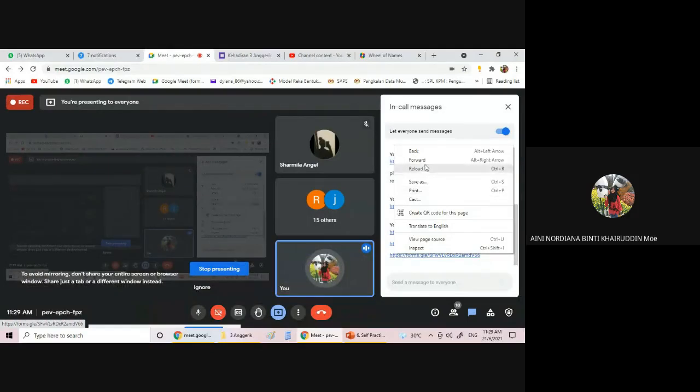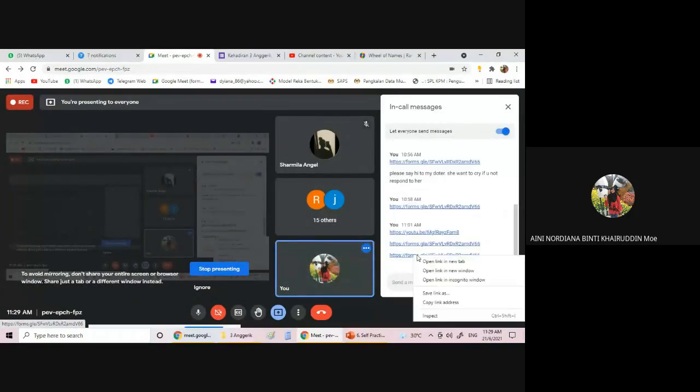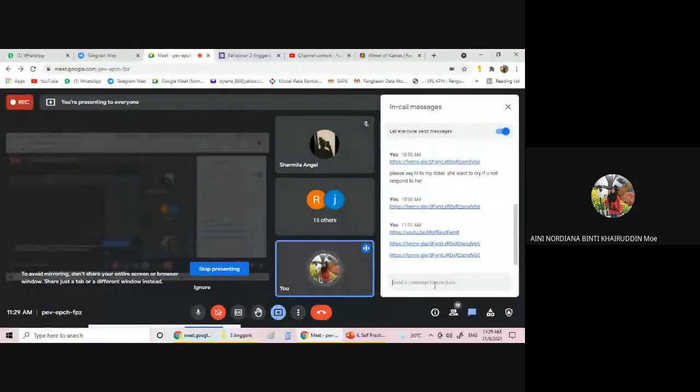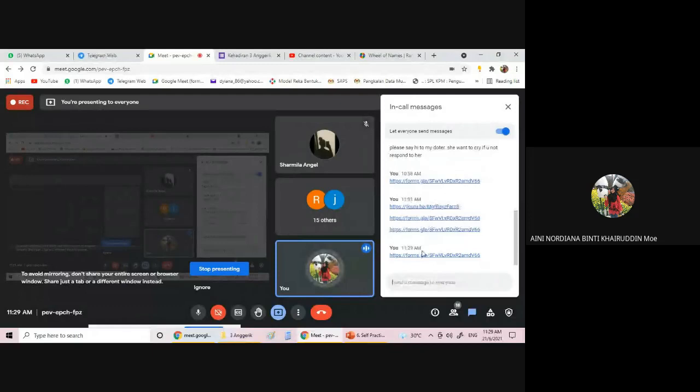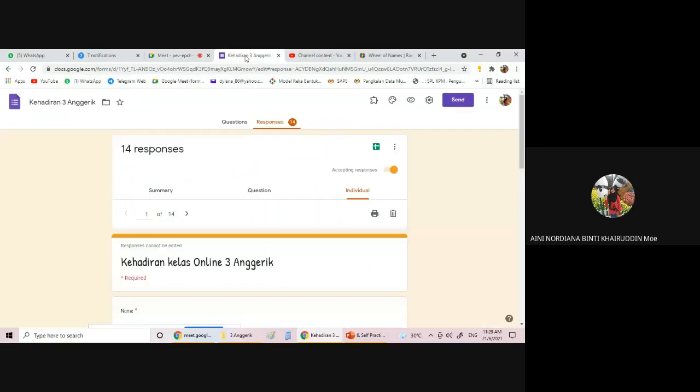Yang mana baru masuk tu, tolong isi. Cikgu dah letak link dekat chat. Okay, link ni tolong isi. Sepatutnya ada 15 orang. Yang isi 14 orang. Ada seorang lagi tak isi ni. Mungkin yang baru masuk tadi kot. Syamila ke tadi baru masuk. So tolong isi kehadiran.